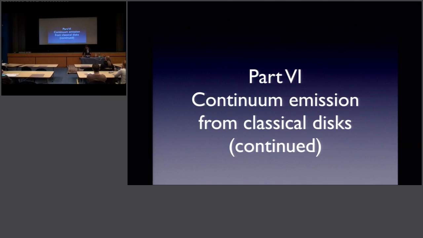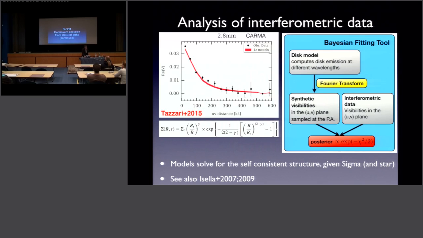Let's go back to the continuum emission from classical disks. And we were on how do we compare interferometric observations with models to extract the parameters of your disk, of the continuum emission from the disk, the structure of the disk.